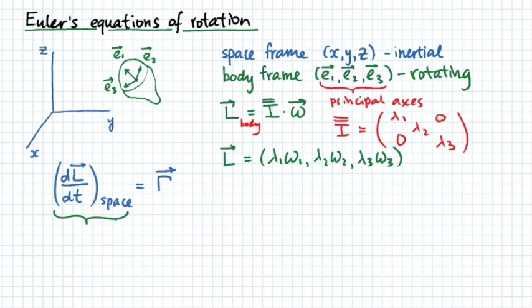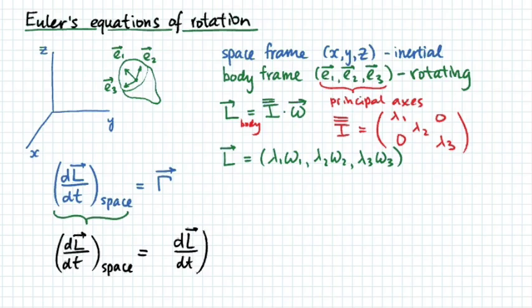So the question arises, how can we connect the derivative of angular momentum in the space frame to the rotating body frame? Well, we already know the general result that the space frame derivative of any vector, in our case the vector of angular momentum, is given by the body frame derivative, plus omega cross L. Typically we won't be carrying the subscript body when we describe vectors later. Again, L here is given in the body frame.